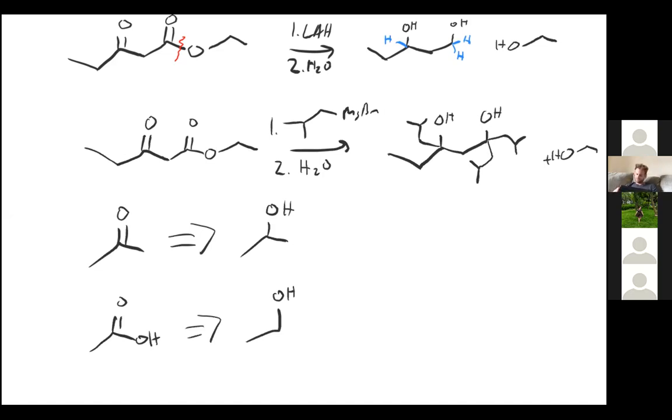They are pretty straightforward. I'm not going to focus on a mechanism for these because they are pretty complicated. I just want you guys to know what reagents do what. So if I have a primary alcohol here, this alcohol has 2 hydrogens on it.